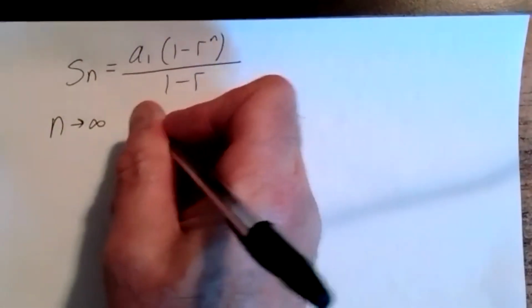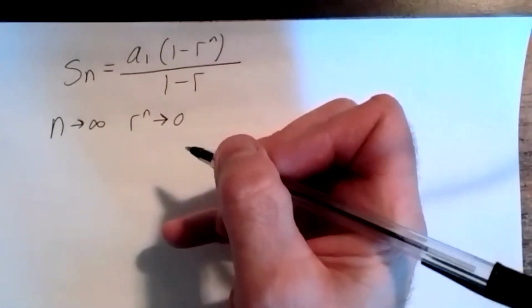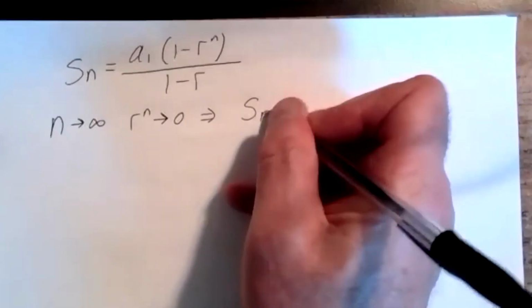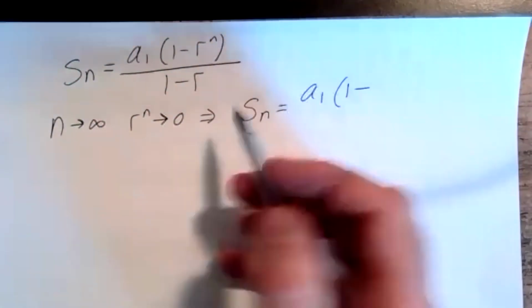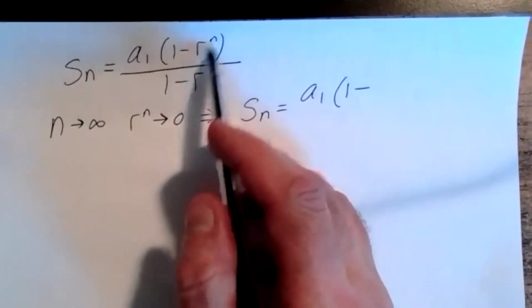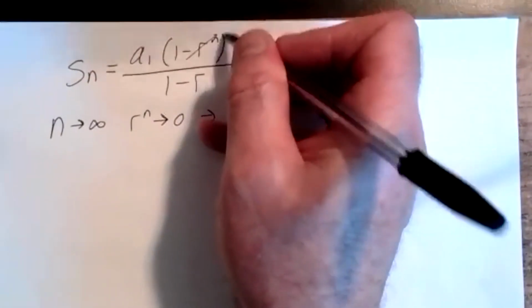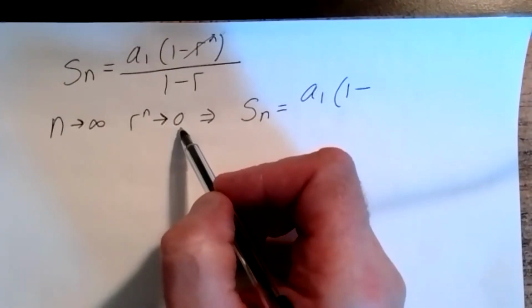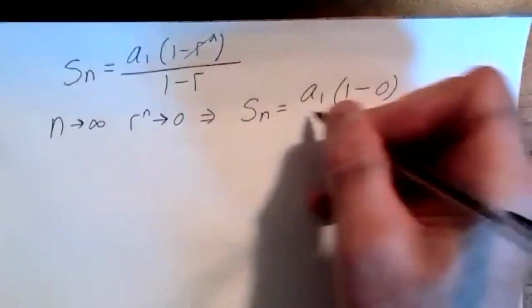As we allow n to approach infinity, we know that r to the nth power approaches what? 0, which would imply that your nth partial sum would be your first term times 1 minus r to the nth. But what's r to the nth? It's approaching 0, right? So this term drops out to 0, because as n gets large, this term gets smaller and smaller and eventually approaches 0. Gets closer and closer to 0. So we can just say this is 0.